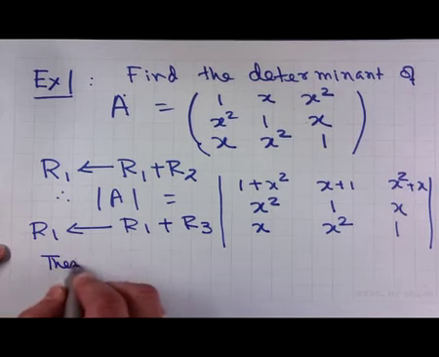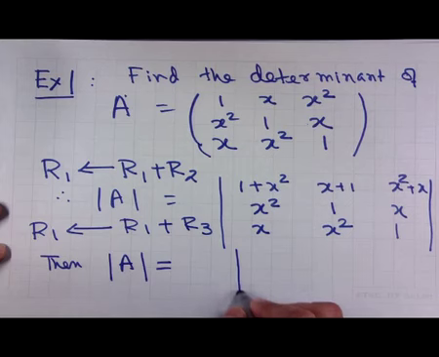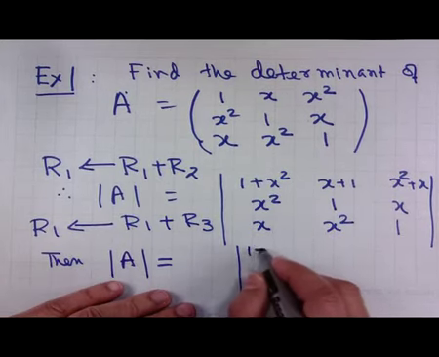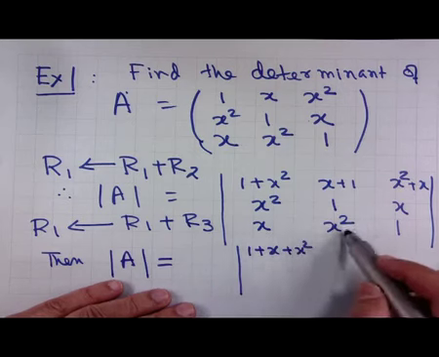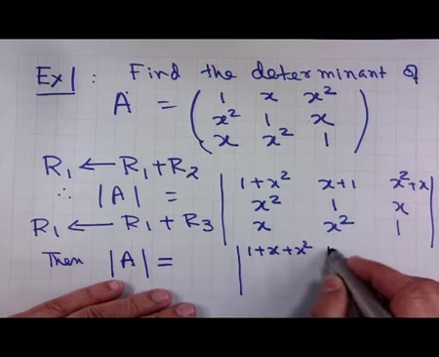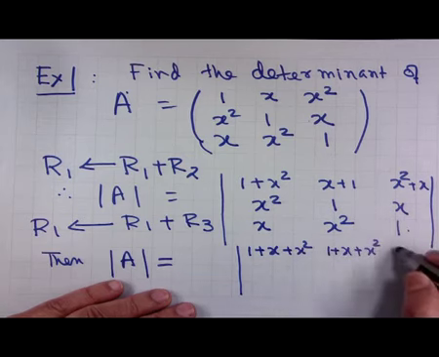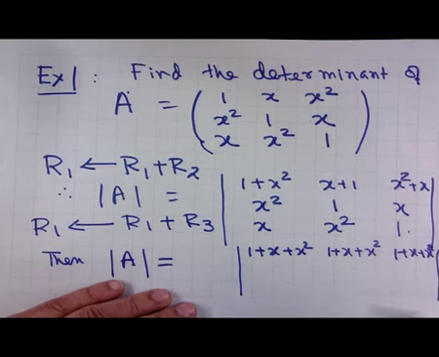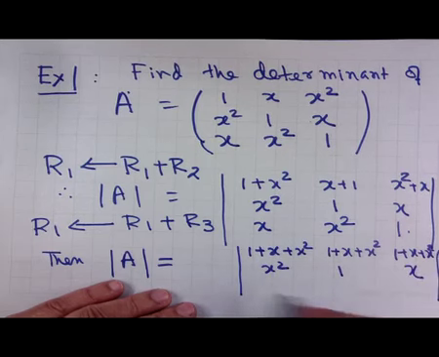Then determinant of A is equal to the determinant of 1 plus x square. Now, by adding this to this, 1 plus x square, and adding 1 to this, 1 plus x square. Other rows remain the same.